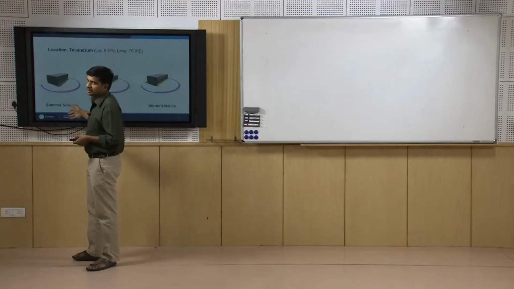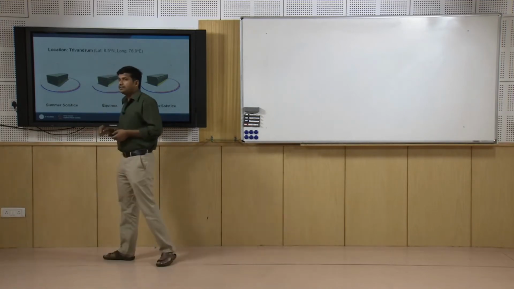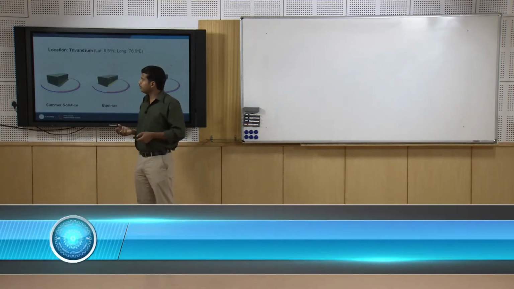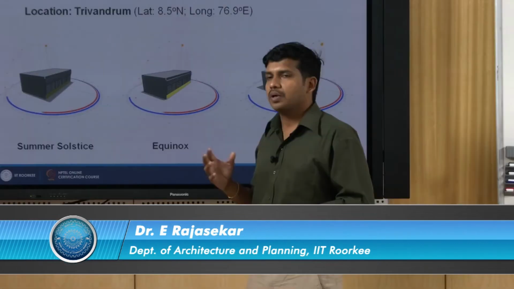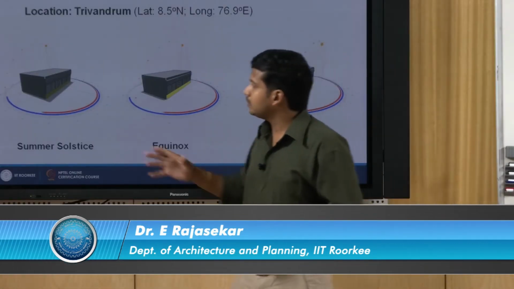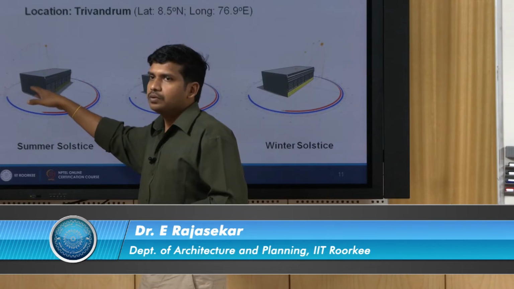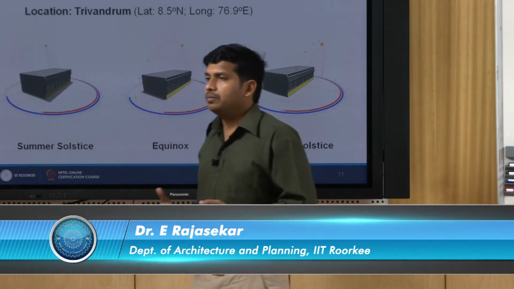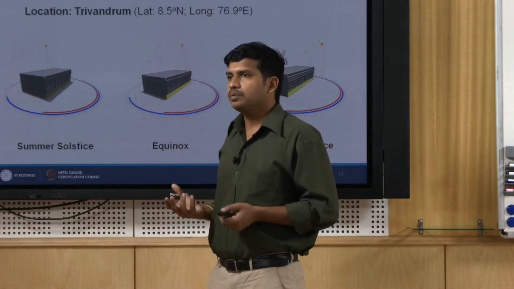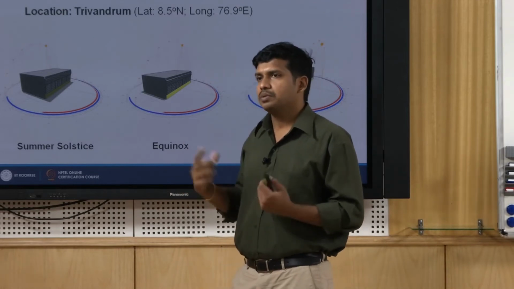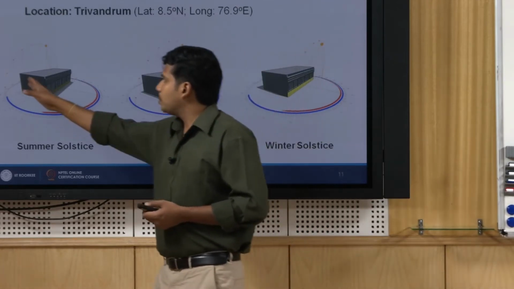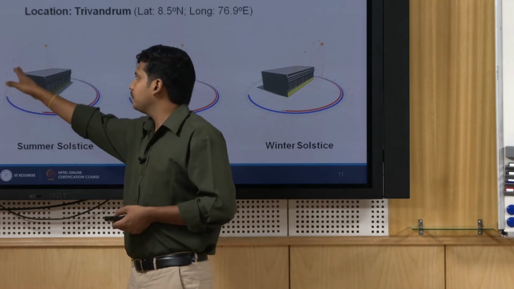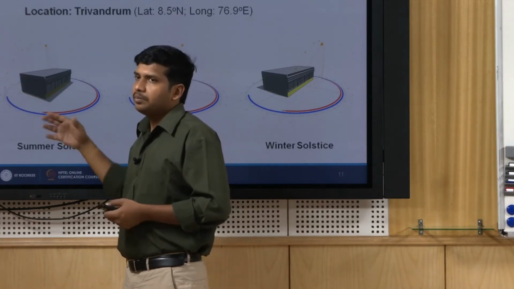The lower you go towards the equator, like 8.5 degrees north latitude, you will have up to 4.5 months of solar incidence on your northern wall. So when you are blindly following a code or a textbook which says the sun traverses from east to west through south and northern facades are free of direct solar radiation, it might be misleading.